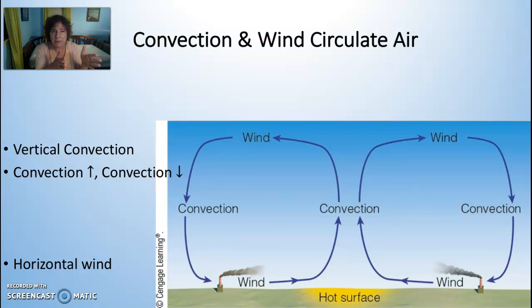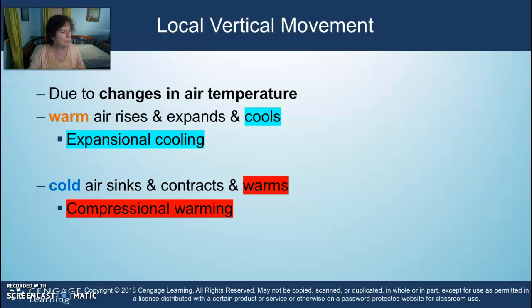Together, the horizontal and vertical movement of air produce circulation, which keeps the poles from being perpetually frozen and the equator from being perpetually hot, and mixes the atmosphere so that we have a more temperate environment. So let's get started on that.